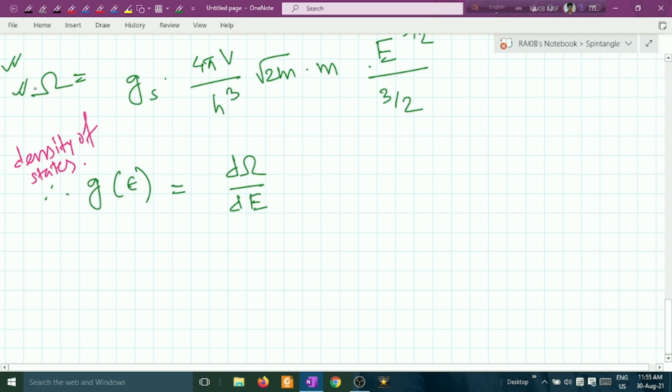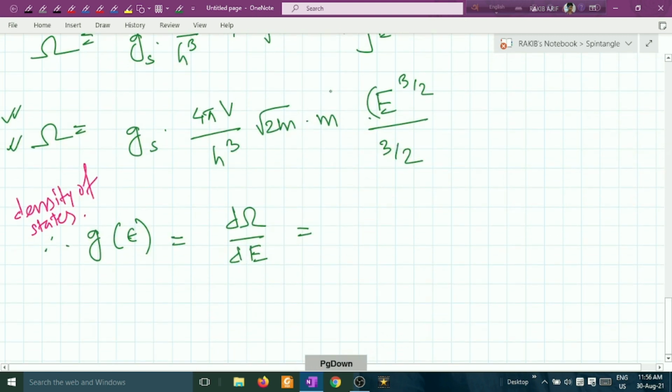Therefore, differentiate this omega, the number of microstates, by E. Check this in your copy: the differentiation acts only on the E to the power 3 by 2 term.